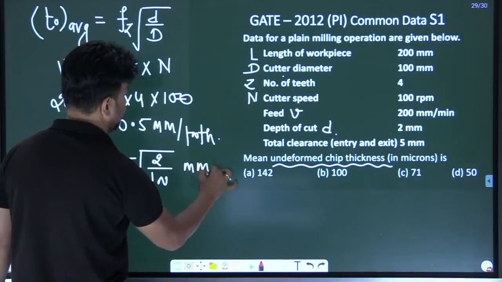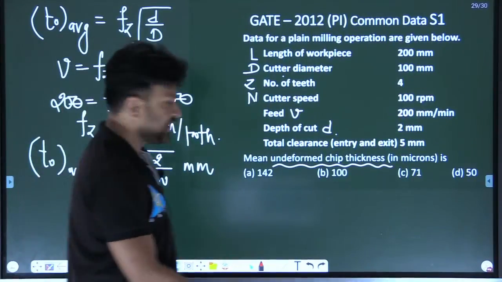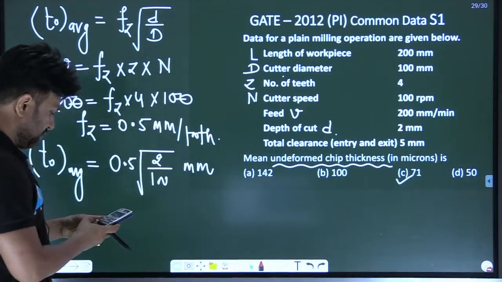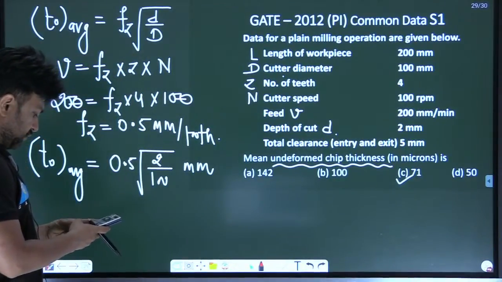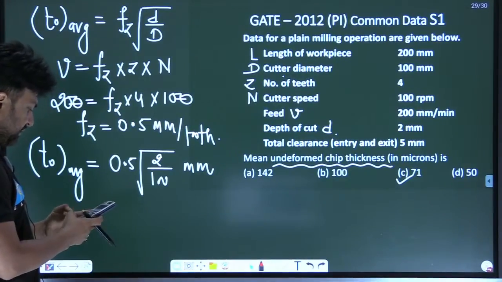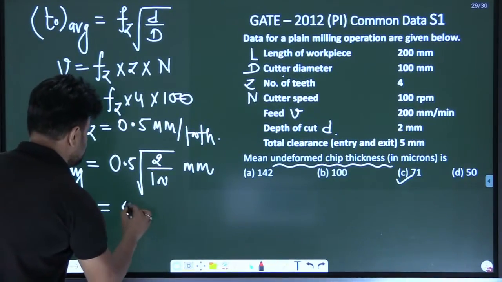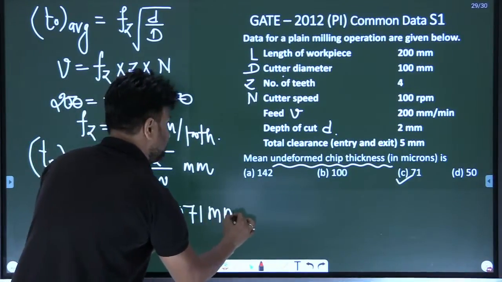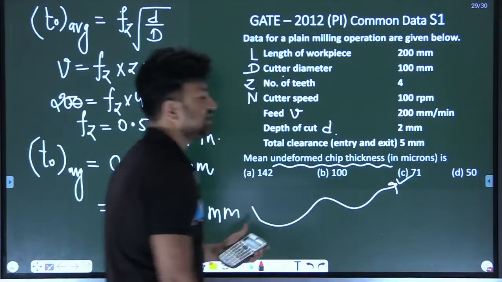It will come in mm. In microns, it will be nearby 71. You can find root of 2 divided by 100, multiply the answer by 0.5, and it comes to 0.07071 mm. In microns, it becomes 71 microns.